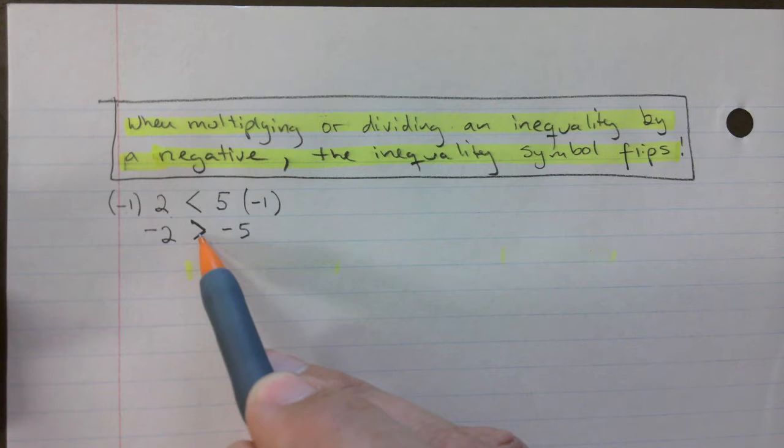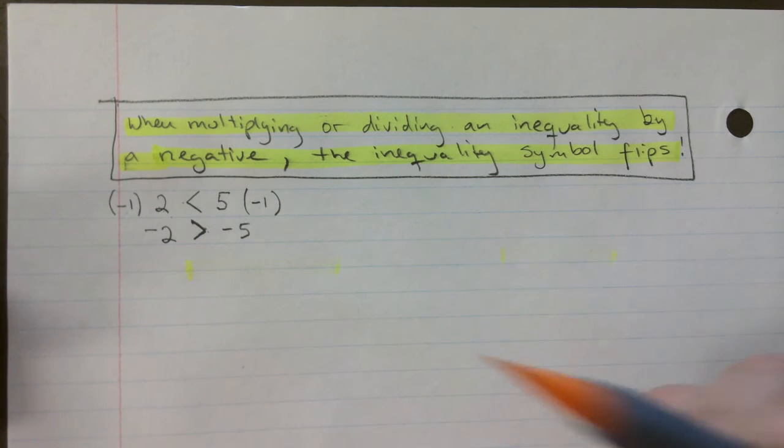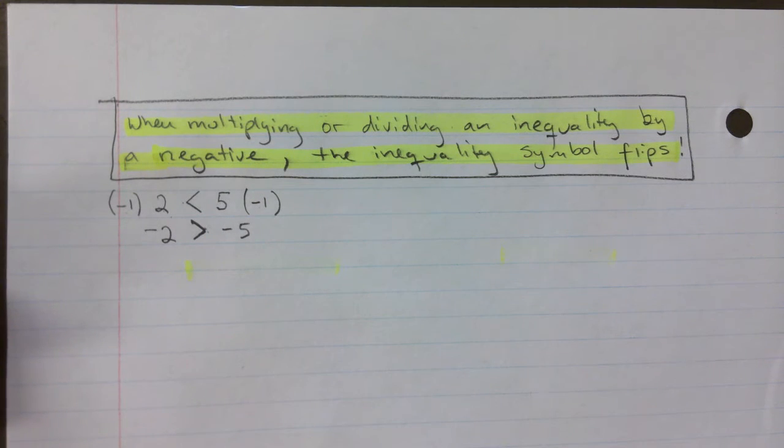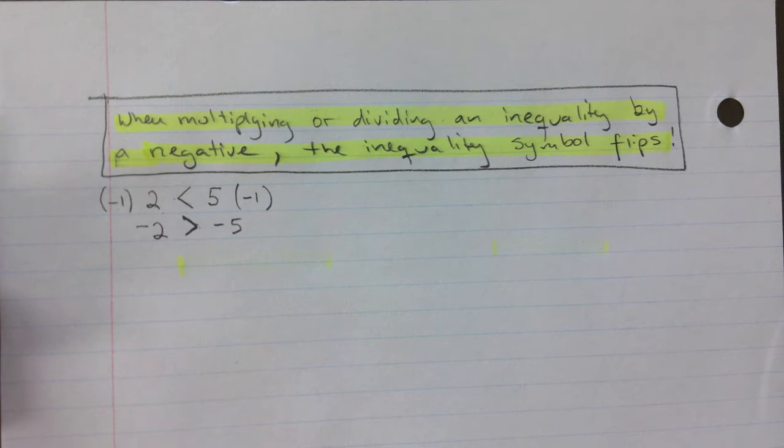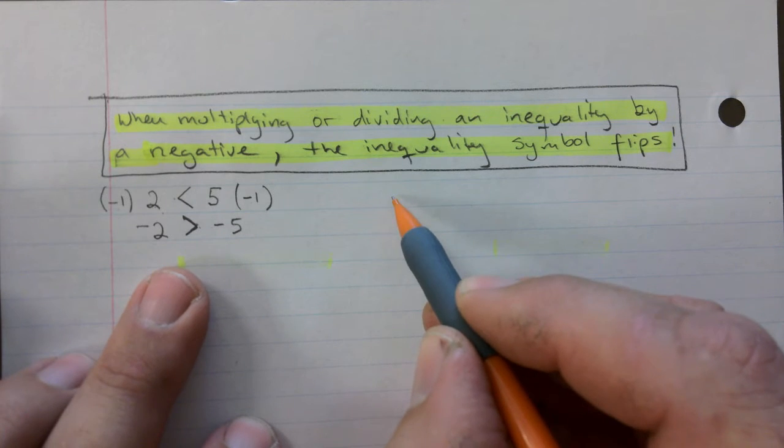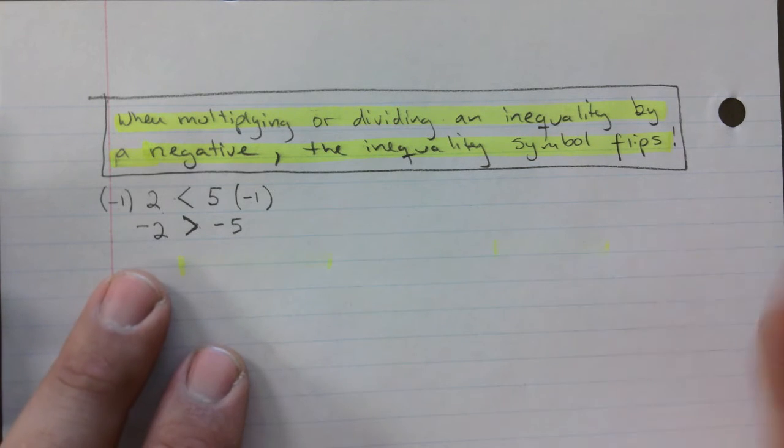See how it's now pointing the other direction, right? For the statement to remain true, you have to flip it. You have to do that yourselves. Like the calculator won't catch it. Nobody will. Like you have to think of that. So the same thing goes if you divide, right?